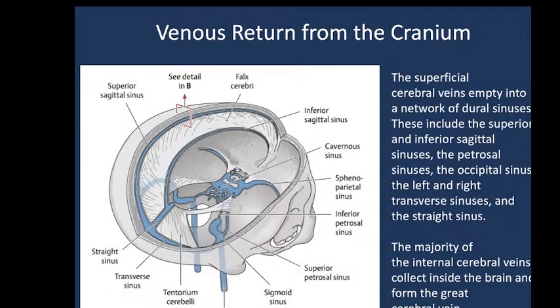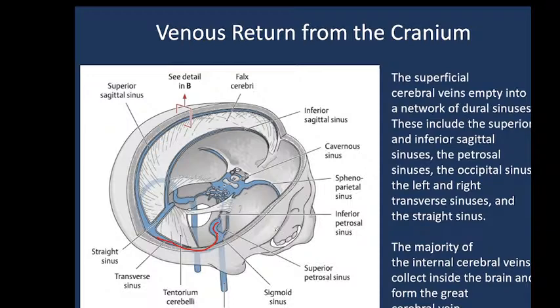Here you see venous sinuses which form the collectors of mostly all blood coming from the brain, and such collectors we call sinuses.